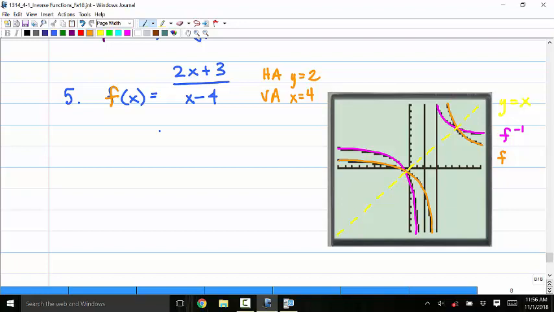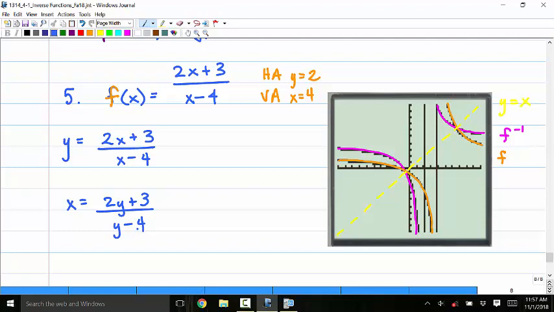I'm just telling you that because I'm going to show you in just a second how that relates to f inverse. Okay, here we go. y equals 2x plus 3 over x minus 4. Switch the x's and y's. x equals 2y plus 3 over y minus 4. You're trying to get y by itself.